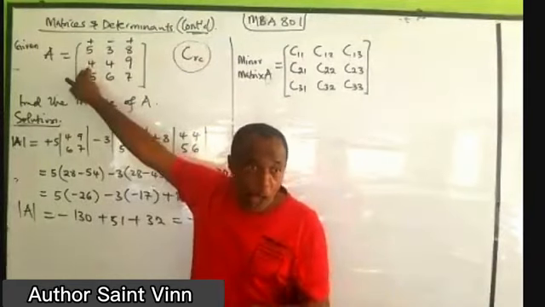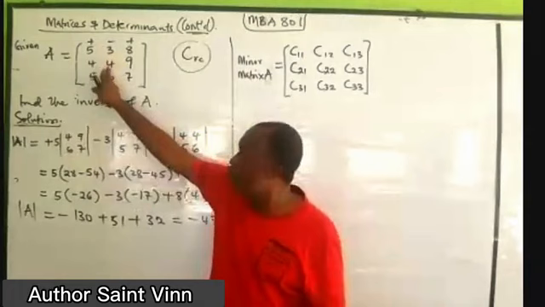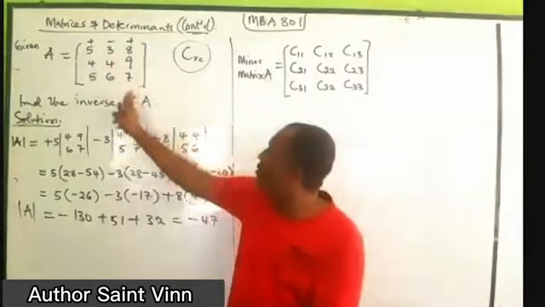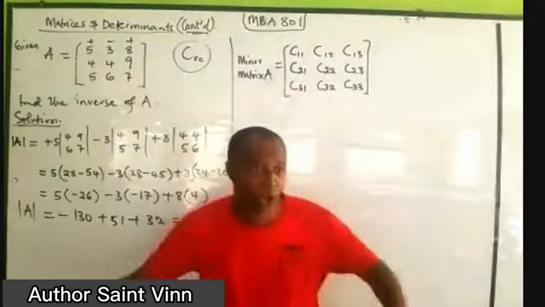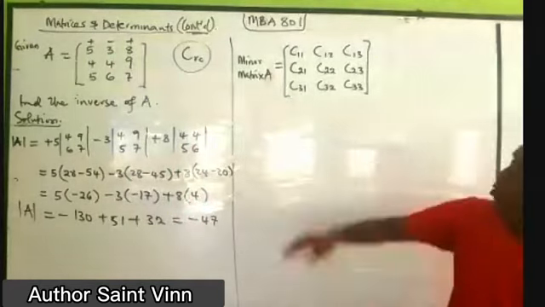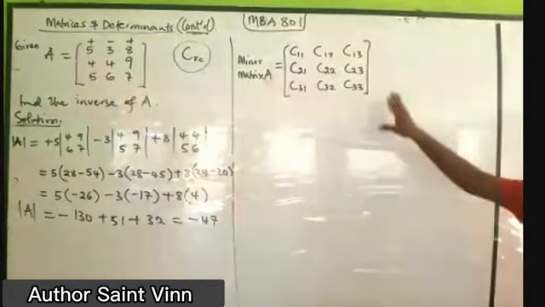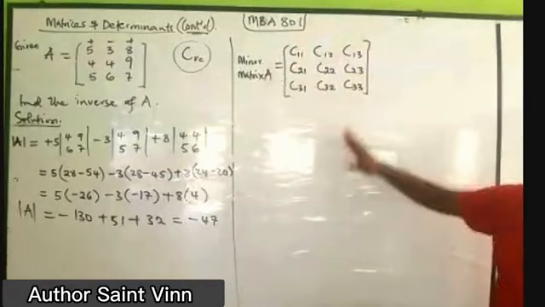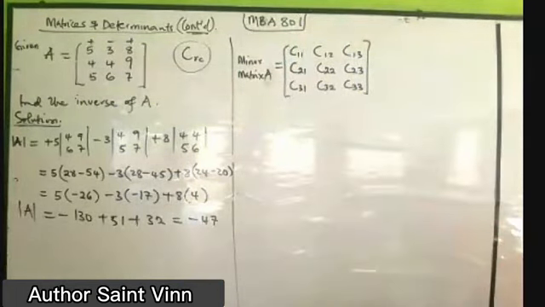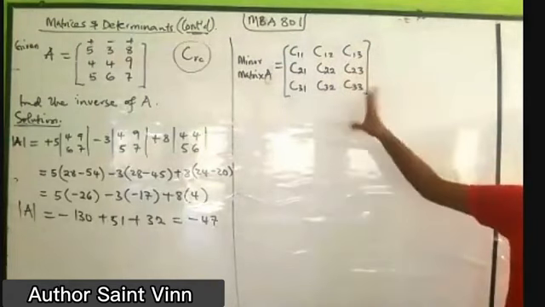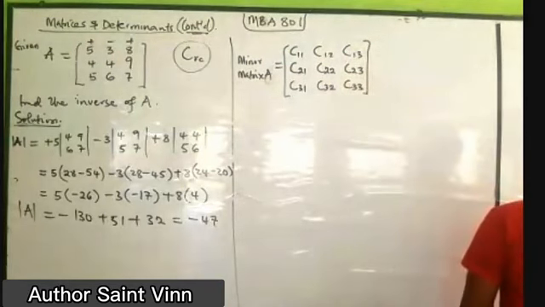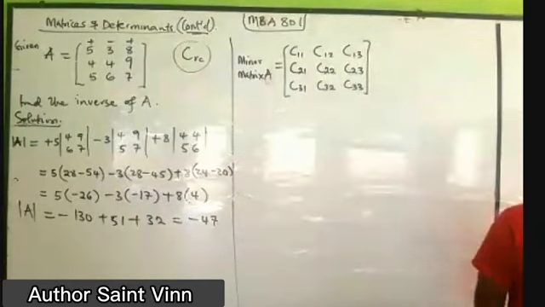Row 2, column 1. Row 2, column 2, like that, till row 3, column 3. All I did was to represent each of these numbers. And this one is our answer for the minor matrix. But we have to replace all this with figures.